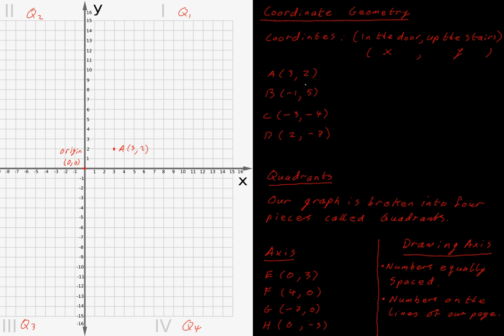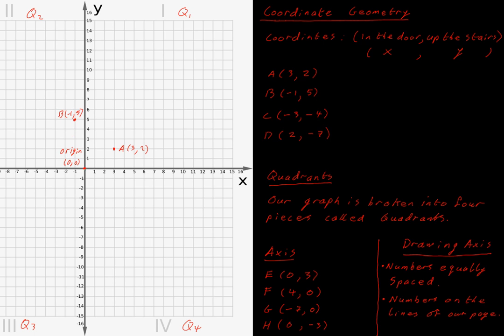Let's try the point B, and we're going to follow exactly the same setup. Start at the origin, at 0, 0, go in the door -1 and up the stairs 5. This is the point B. It's at -1, 5. C is at -3, -4.